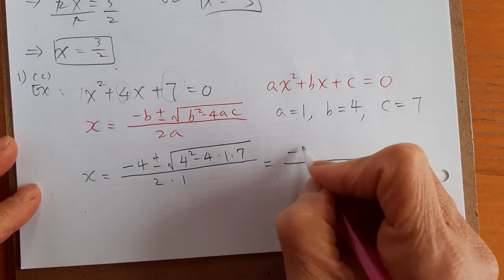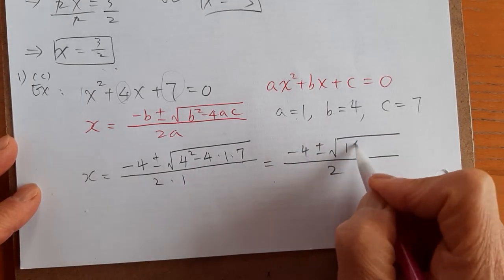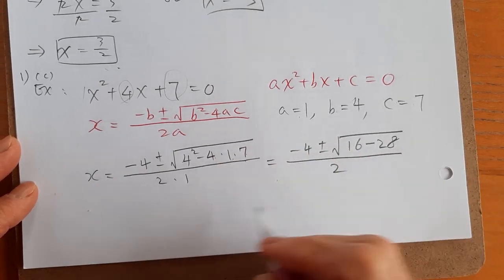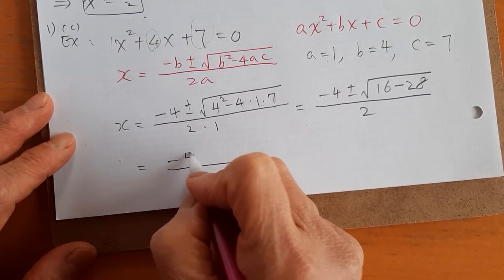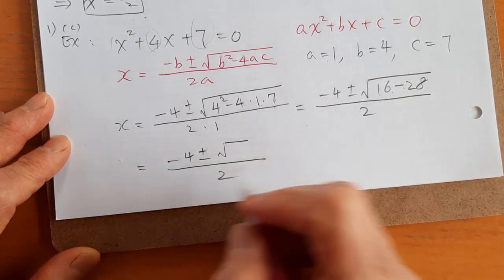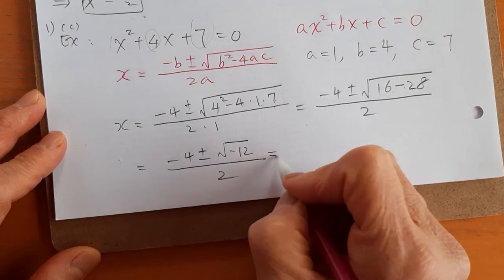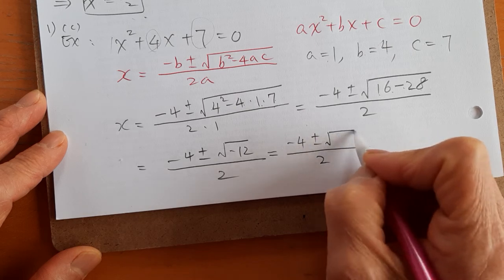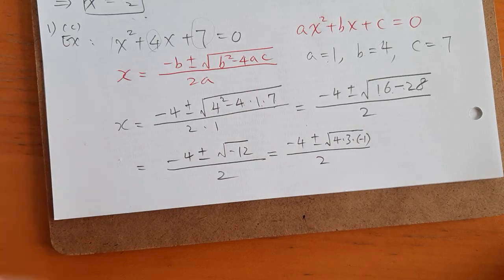So this is negative 4 plus or minus the square root of 4 squared, which is 16, minus 4 times 1 times 7, which is 28, all over 2. The square root of 16 minus 28, which is negative 12. And the negative 12 is going to be the square root of 4 times 3 times negative 1.